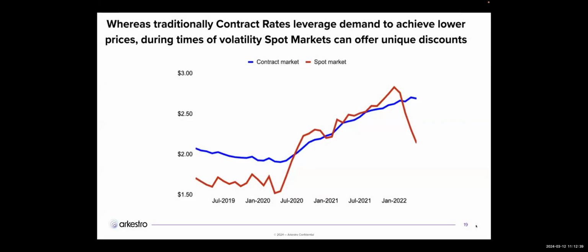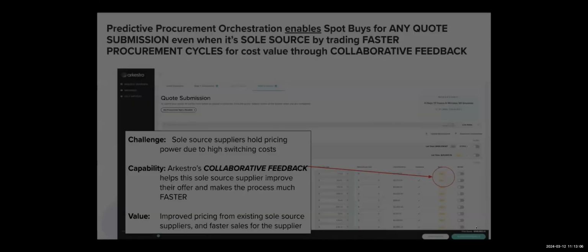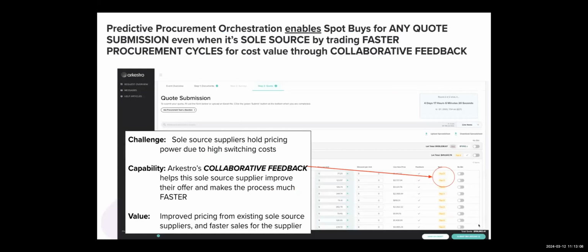And so as you can see, whereas traditional contract rates are pure leverage, with these changes, we're now seeing as volatility increases, and remember, you saw the slide about billion-dollar disaster events increasing. As volatility gets pushed into the market, the market has to price in that volatility in its responses. Procurement teams are rethinking processes to take advantage of some of those changes. Next slide, please. And so how does this relate to predictive procurement orchestration?